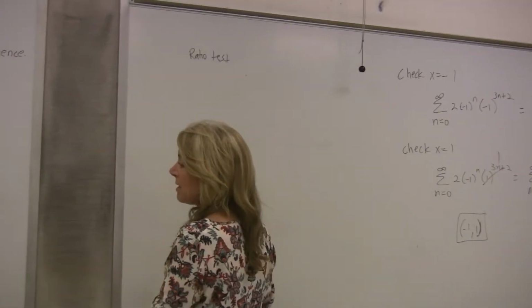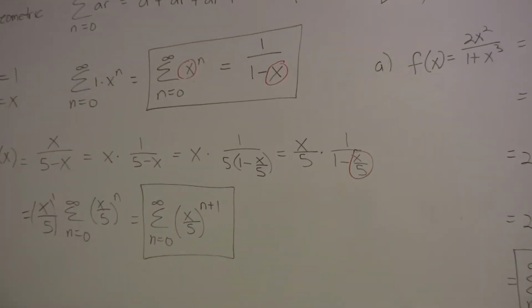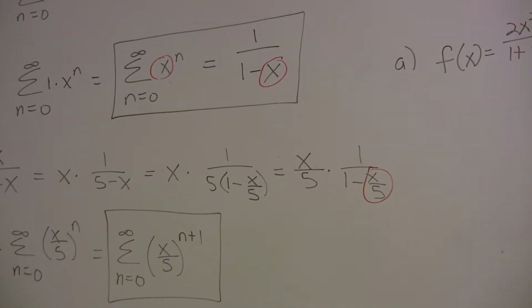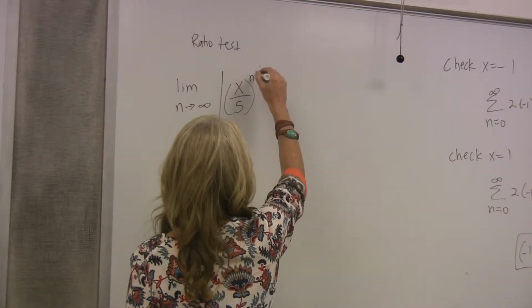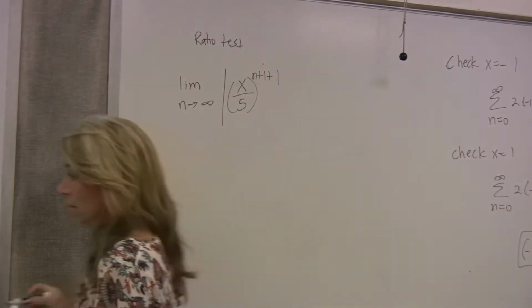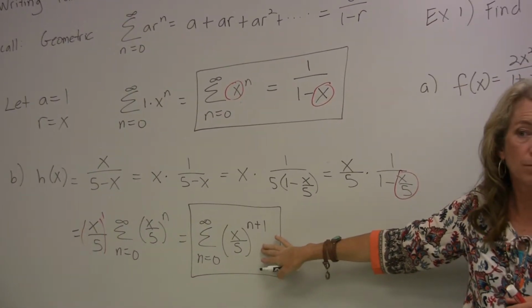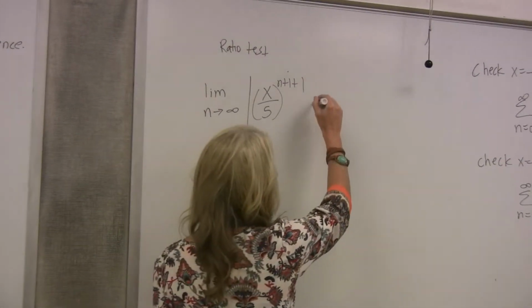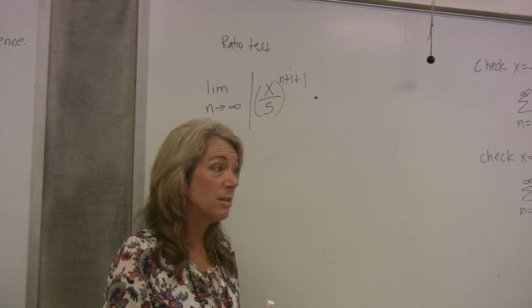Okay, so we'll do the ratio test on that new series, again ignoring the alternating part. You said, oh, there's no alternating part, never mind. So I have x over 5 to the n plus 1 plus 1, plugging in n plus 1 into there. Divided by, but instead of dividing, I'm going to flip it over and multiply just to save space.